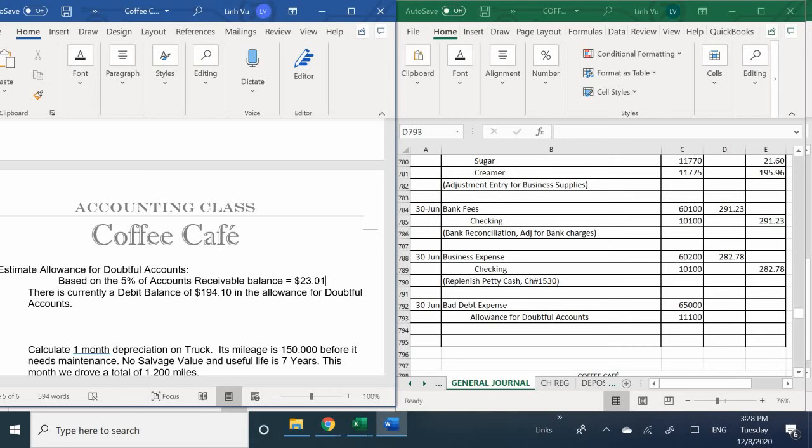We're going to add the debit together, because at the end of the day, you need to have a $23.01 credit balance in your allowance for doubtful accounts. Oh, so you're going to write off the difference between the two? Not the difference.